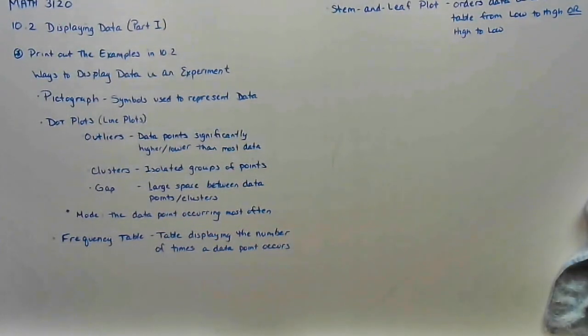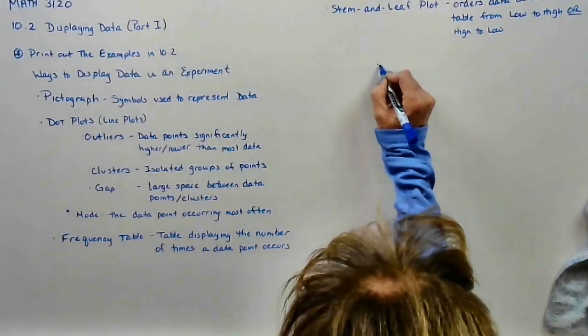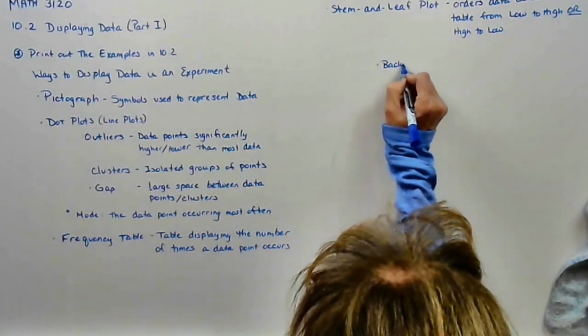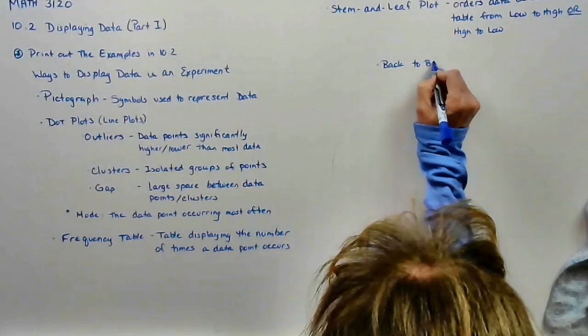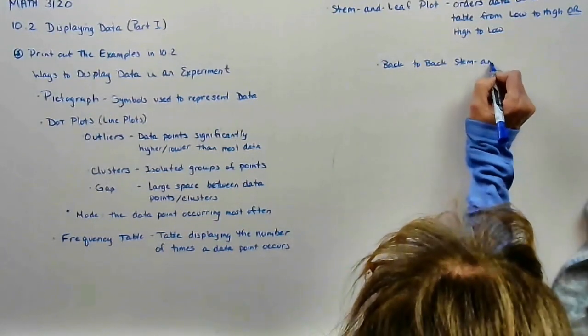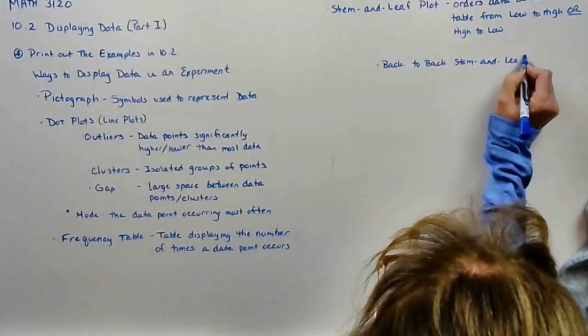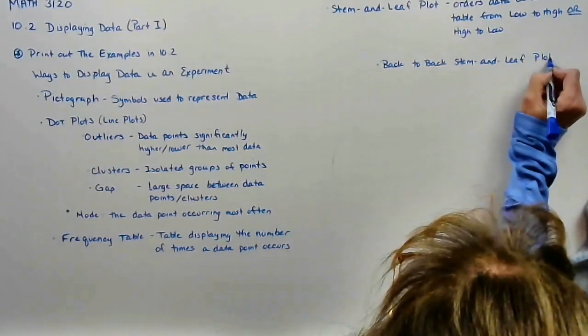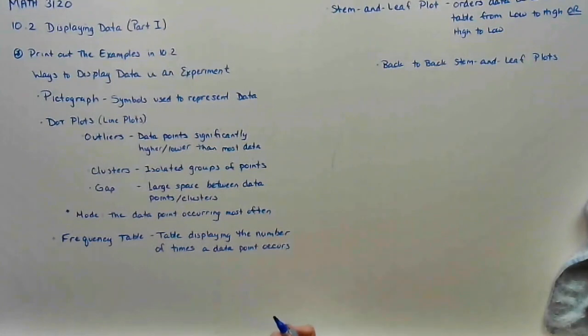Within a stem and leaf plot, you can have a back-to-back stem and leaf plot. We'll look at one of those too. This might be where you are comparing two people for the same task, so you can compare their data side by side.